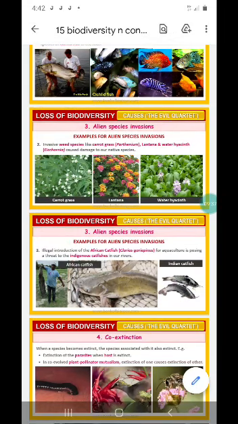Next is coextinction. Usually there are some organisms which have a particular host, especially the parasites. Some parasites have a specific host, or some bees or some insects only pollinate some flowers or some plants. They do not pollinate all the flowers or all the plants.